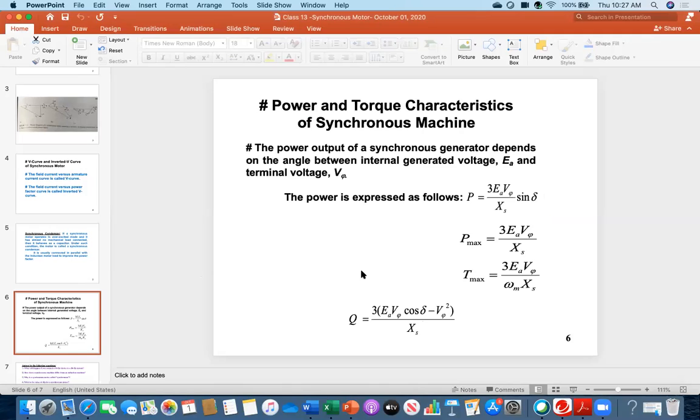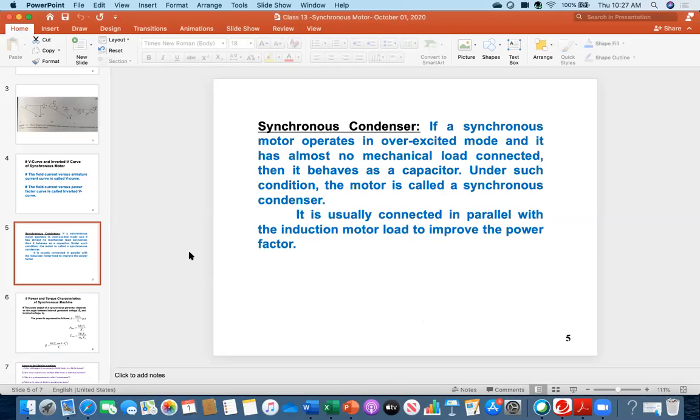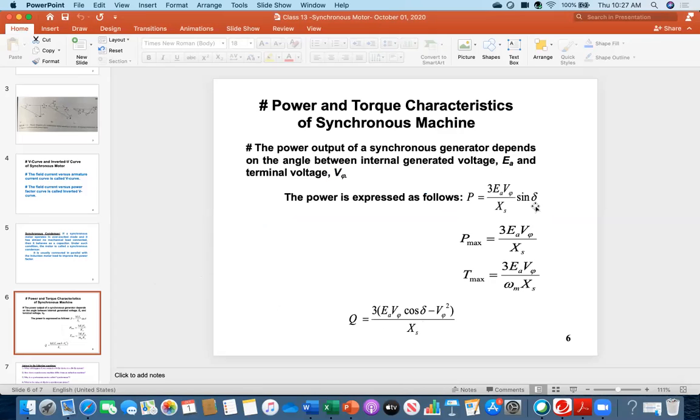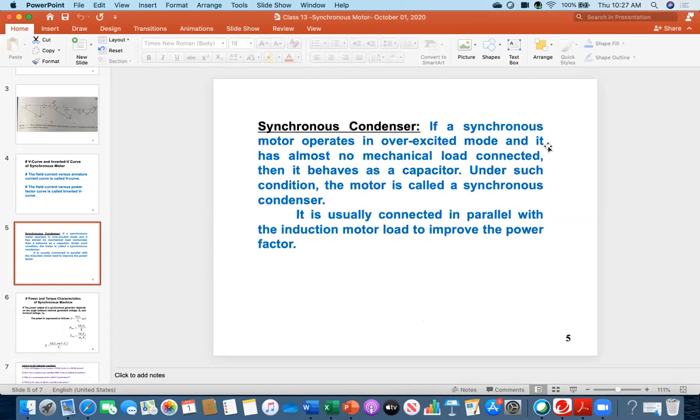Which element can provide that property, that active power will be 0, but there will be reactive power? That is only the capacitor. This is the condition. So the equations also make sense that delta should be 0, almost 0, or close to 0. That is the meaning of this.